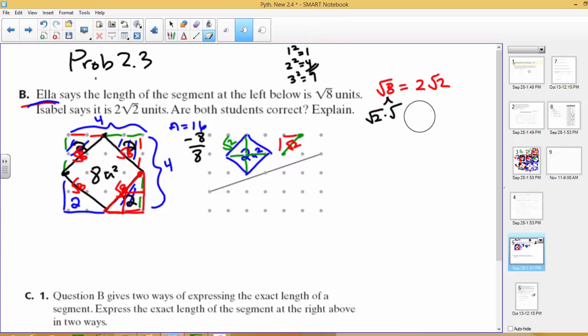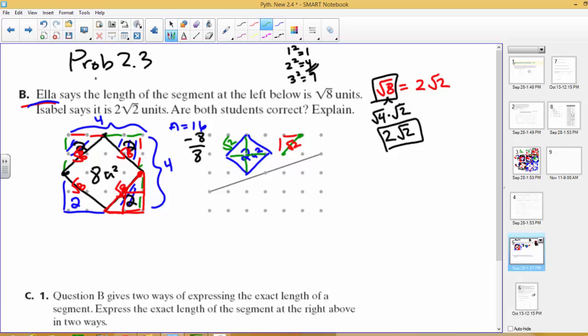I'm going to write that in the reverse order. Because the square root of 4 is 2, and the square root of 2 stays the square root of 2. So this is the same as this. That's true in the picture right here. That's true if we did another one to make this. 2 square roots of 2 is equal to square root of 8, and it's true doing the math.